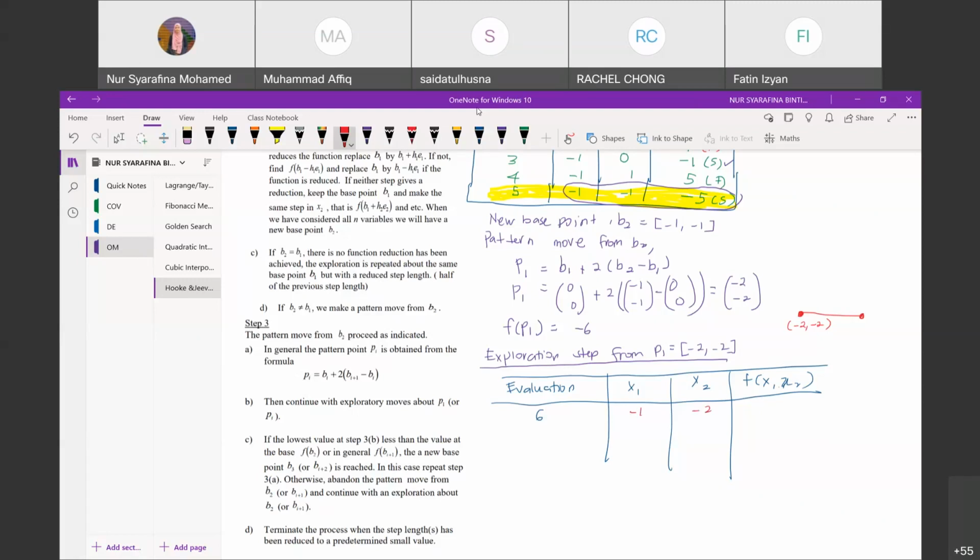The evaluation is for exploration. The pattern move is just a starting point here, not our base. So what is f of minus 1, minus 2 here? FP1 is minus 6, and now you have f of x1, x2 equal to minus 7. Is it reduced or increased from the previous function?